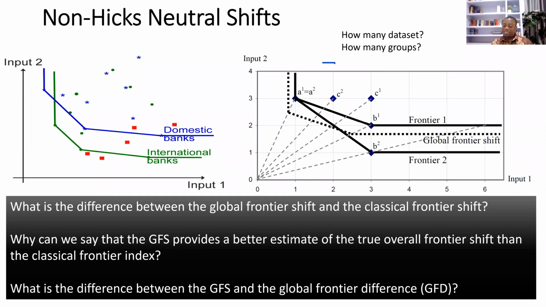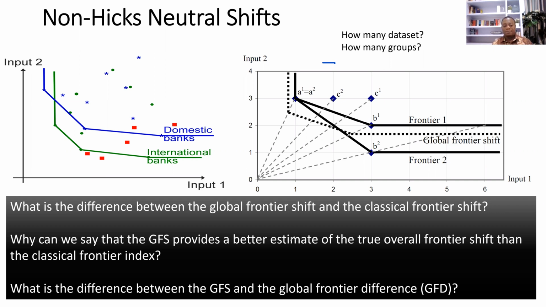It comes from the principle of the same thing that we just mentioned. Why can we say that it gives a better estimate than the classical? Kizito, are you here? Yes, Doc. Tell me. I'm here.